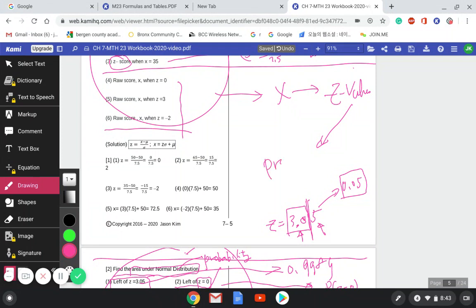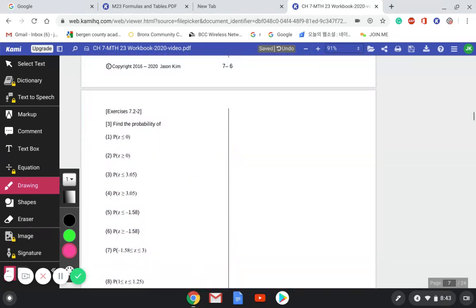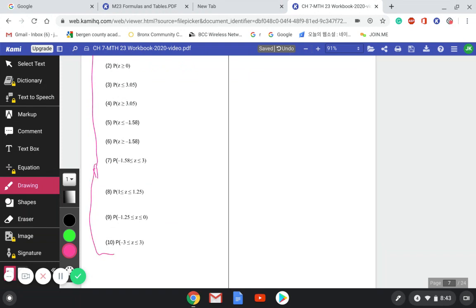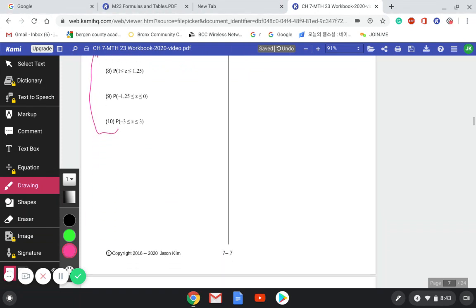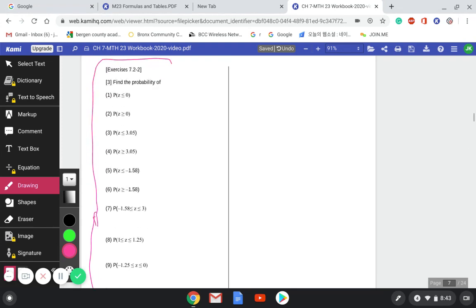So that was example 1, and that was example 2. Now you do the exercise and check your answer with the solution key at the end of the book to see if you did it the correct way. Make sure you do all this practice; practice makes perfect.